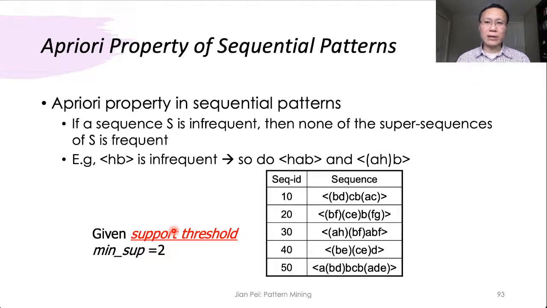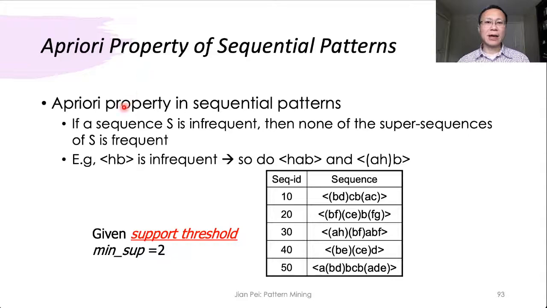How can we mine sequential patterns? One starting point is that we can try to identify some properties, such as the a priori property in transaction databases. That's the anti-monotonicity.